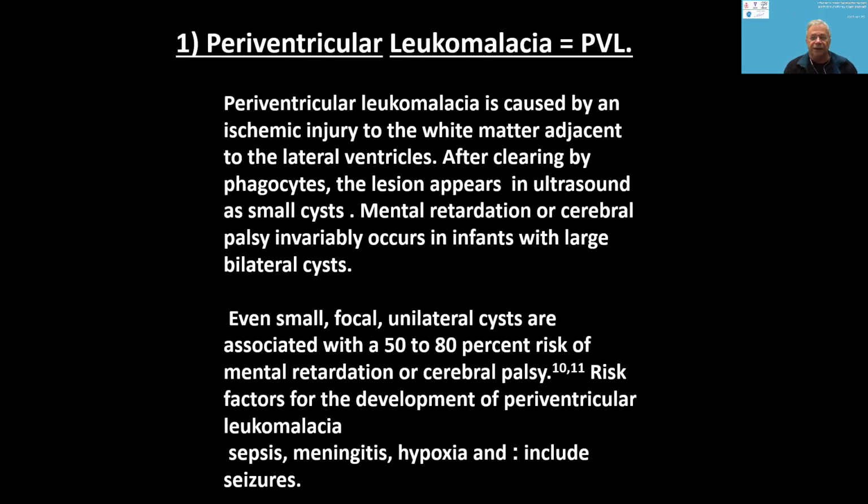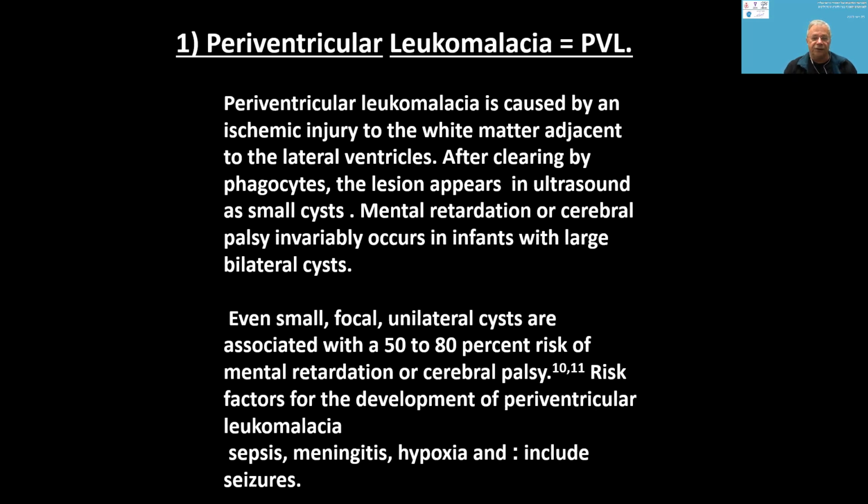Mental retardation or cerebral palsy invariably occurs in infants with large bilateral cysts. Even small focal unilateral cysts are associated with a 50 to 80% risk of mental retardation or cerebral palsy.